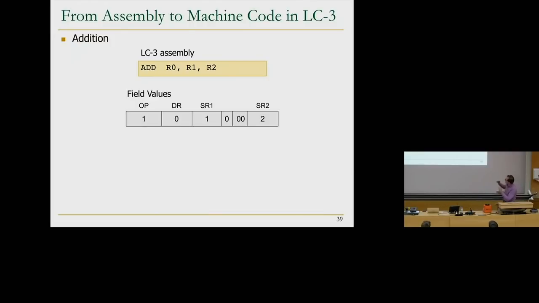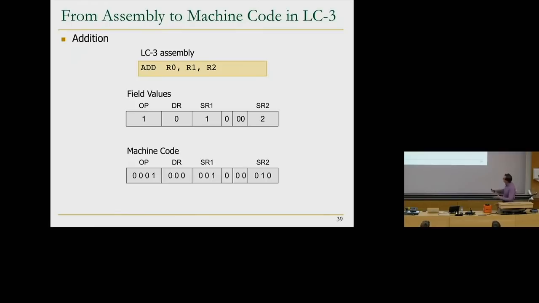But you can tell, if you know the fields, this opcode specifies it's an add. This is source register 2, which is register 2, source register 1 is register 1, and destination register is 0. So there are particular fields in the 16-bit encoding over here that basically tell you what parts of this encoding indicate the registers and what parts of the encoding indicate the operation. And of course, you can write this a bit more nicely with exact 16 bits.